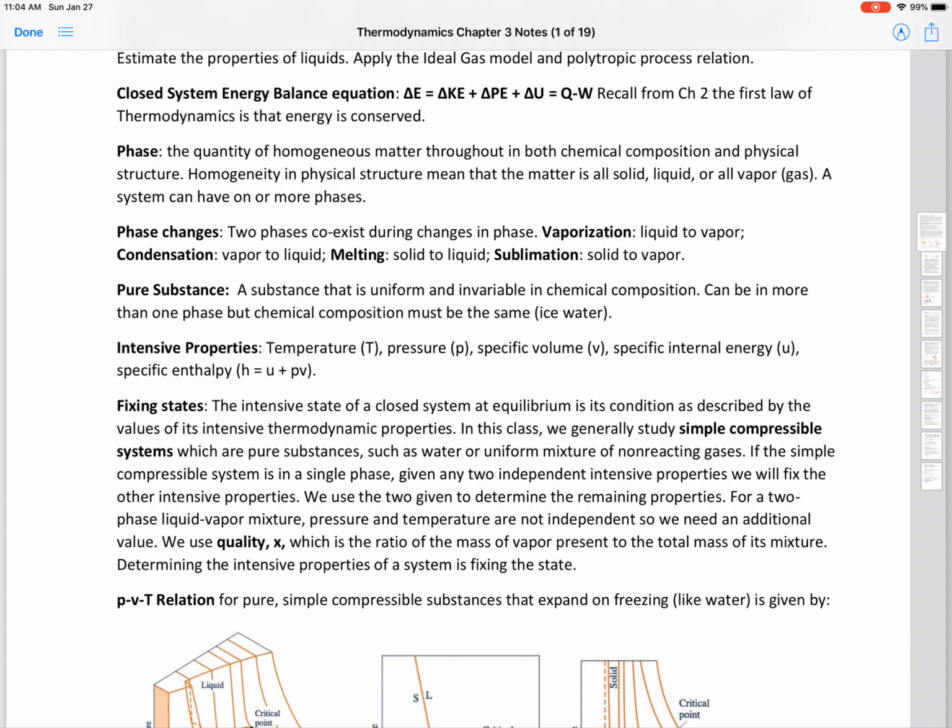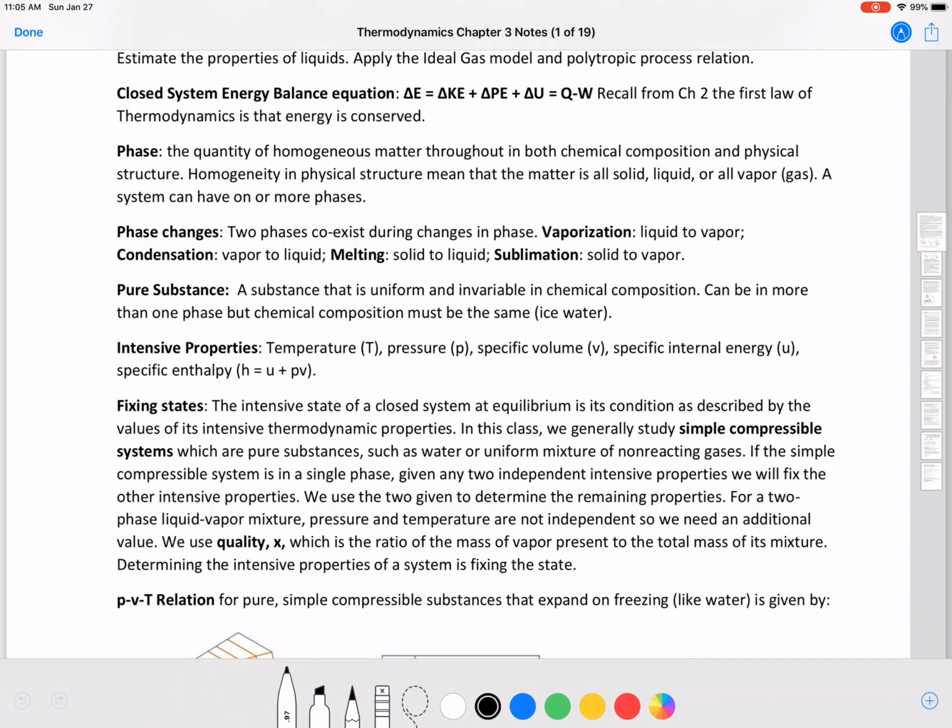We have talked a lot about phase in this chapter, and we'll learn how to read diagrams to know what phase we're in. In general, the phase is whether it's solid, liquid, or vapor. It's possible for a system to have more than one phase.